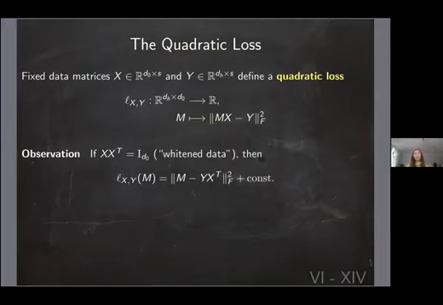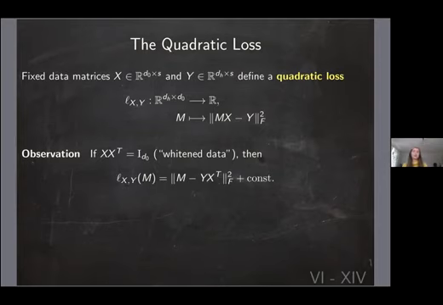If we assume for a second that XX transpose is the identity, an assumption sometimes called whitened data, then I can rewrite the loss function. Essentially what happened is I moved X from one side to the other, and then I add some constant terms.